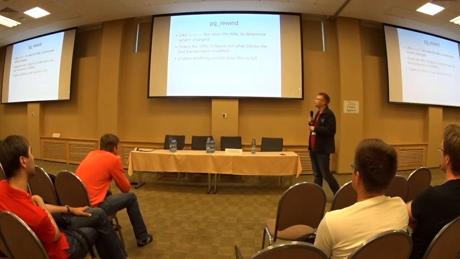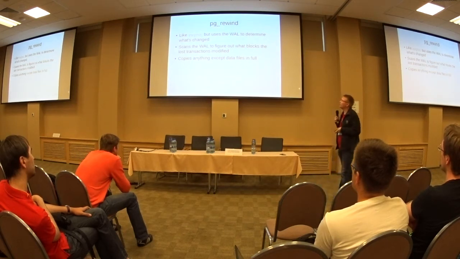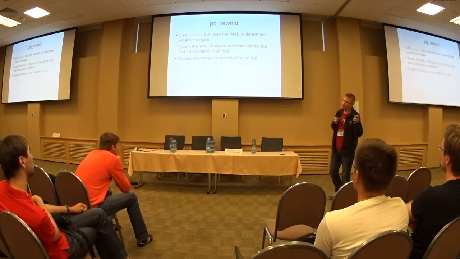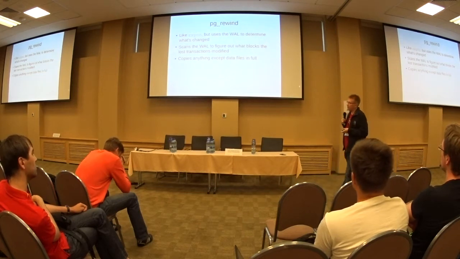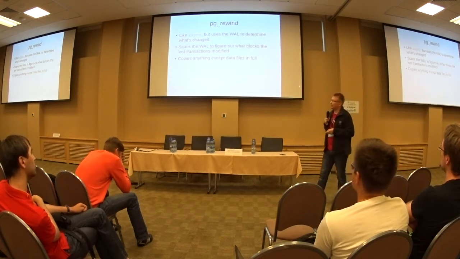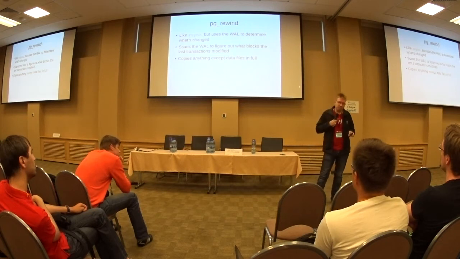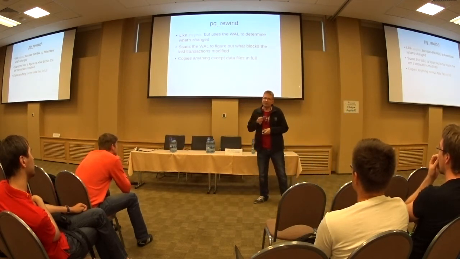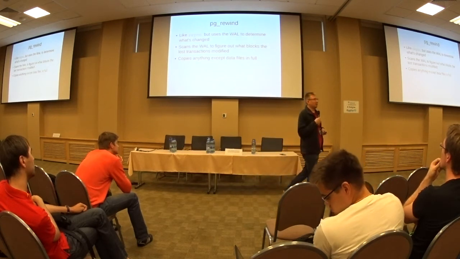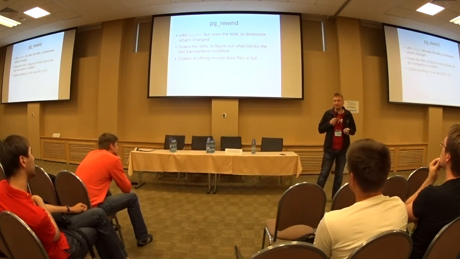So why not use that? That's exactly what PG Rewind will do. It will scan the WAL on the new master to determine which blocks have changed, and then it only copies those blocks over. Now, there are a lot of things in the data directory that are not WAL logged, for example, configuration files.